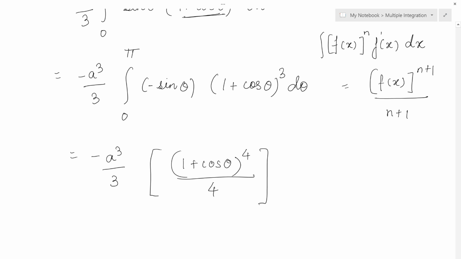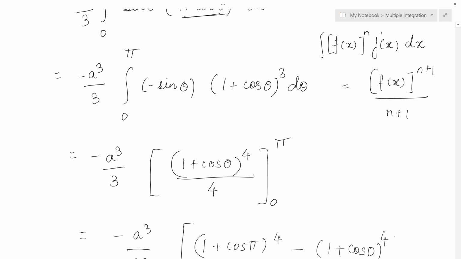The limits of integration are 0 to pi. Right? So let us substitute the limits. This is a cube. You can take this 4 outside. Let me substitute the limit. 1 plus cos pi raised to 4, the upper limit, and 1 plus cos 0 raised to 4.